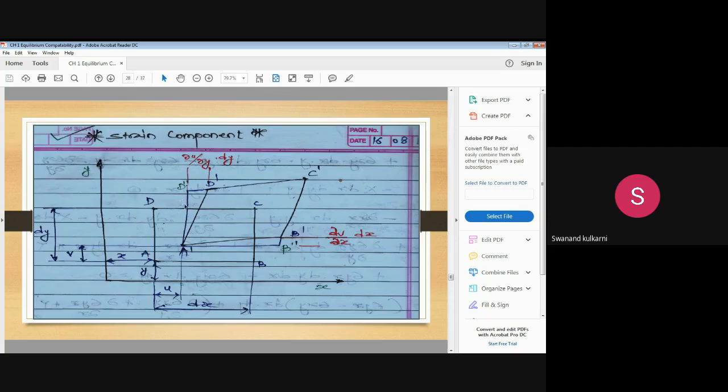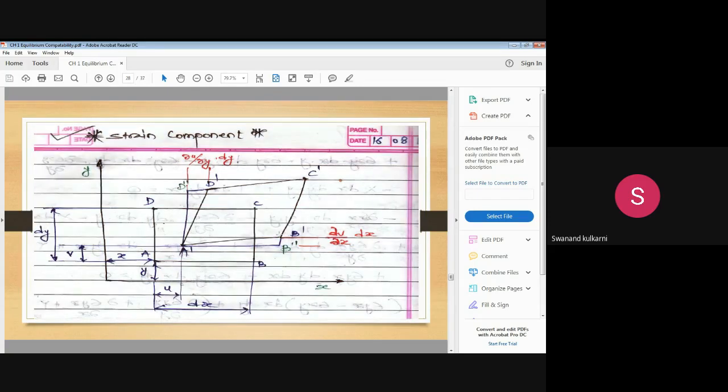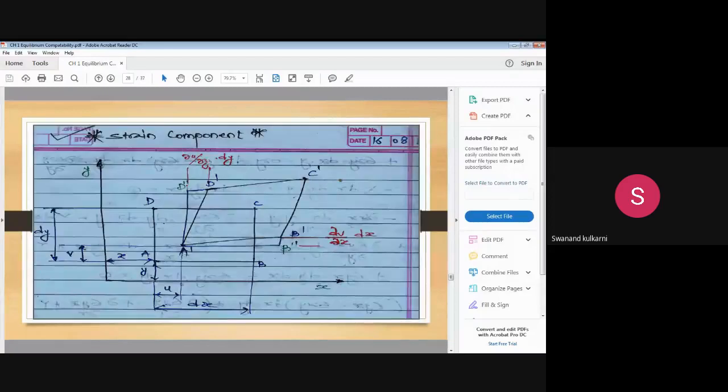Is it okay? But to get the distance b dash b double dash or d dash d double dash, we are considering the differentiation of v with respect to x, and the differentiation of u with respect to y.